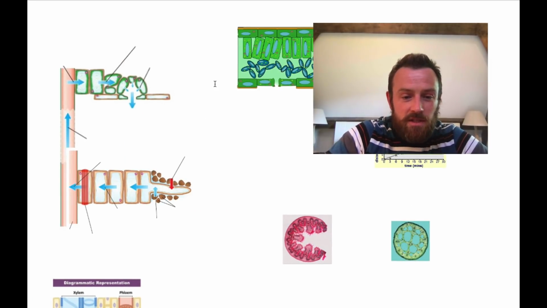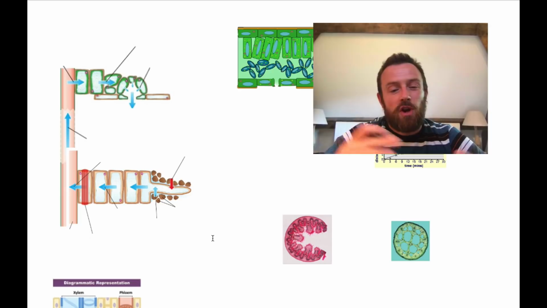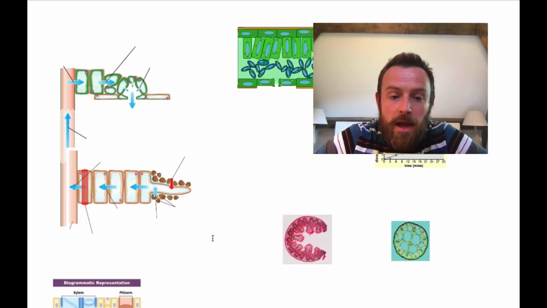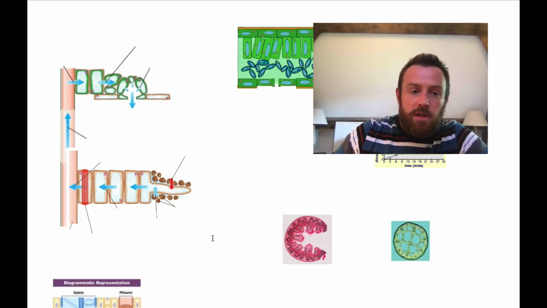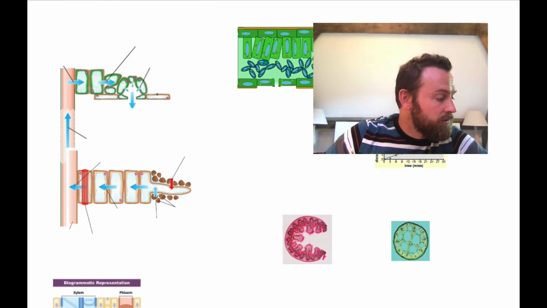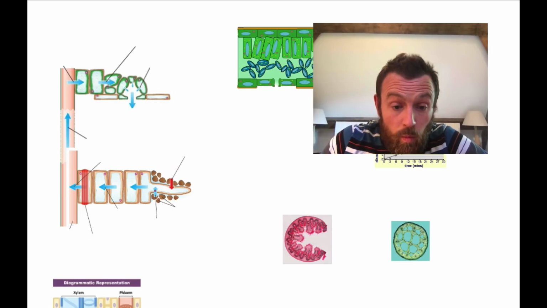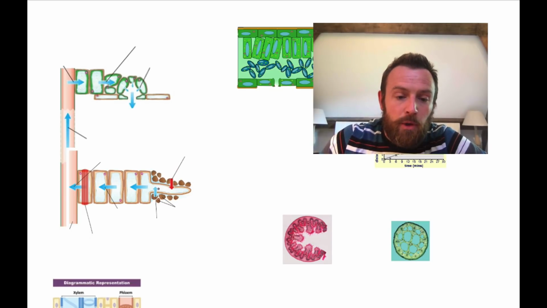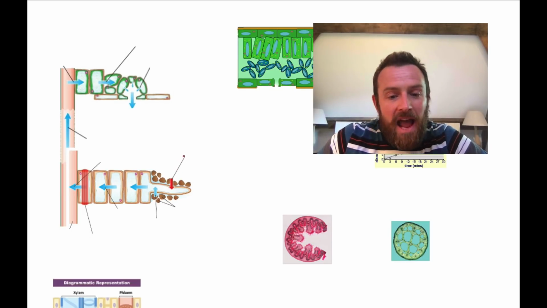Okay, so we look at this diagram which sort of shows in outline the movement of water through a plant. So let's label. So here we have water moving into the plant. This is the blue arrow here, but it's powered by active transport.